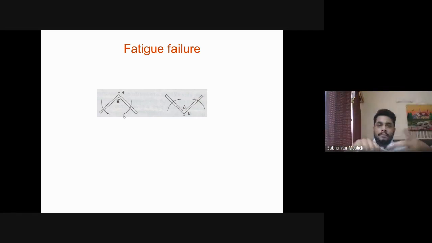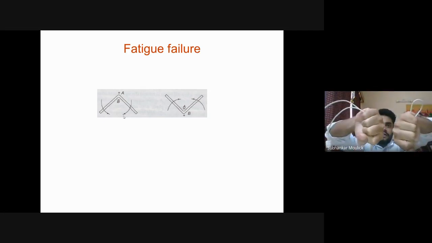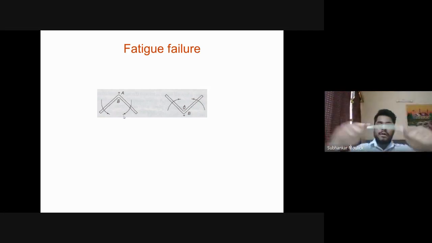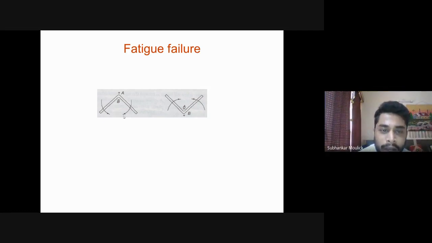Sometimes this load is very high like this, sometimes this load is very less in magnitude. Likewise, if you do it clockwise and anti-clockwise, can this wire be broken at this particular point?